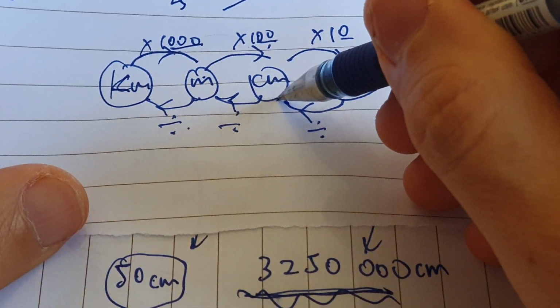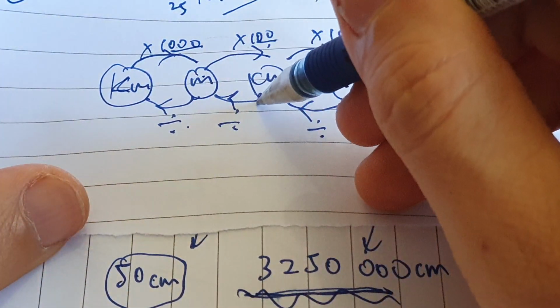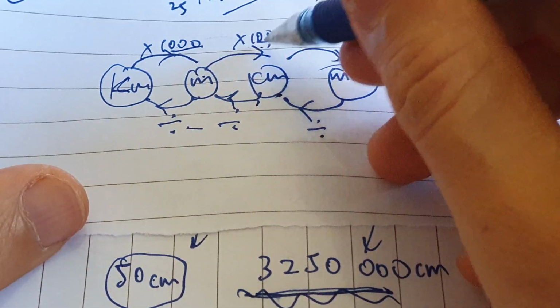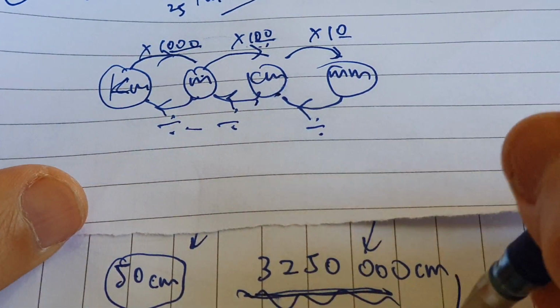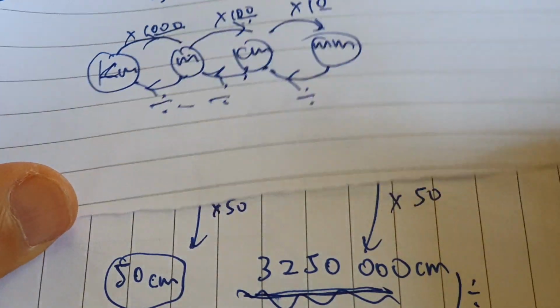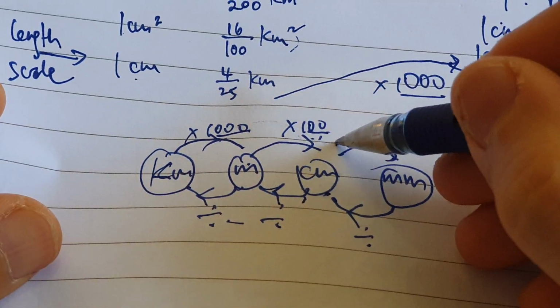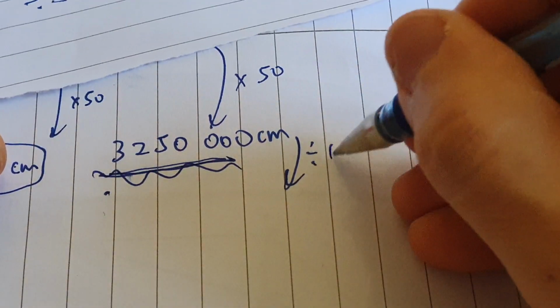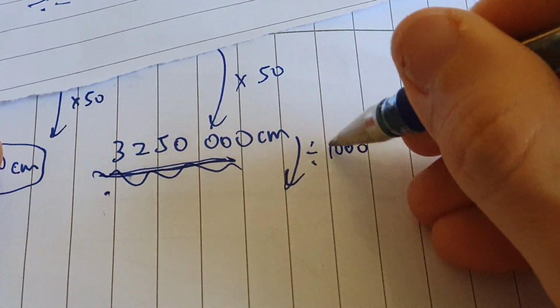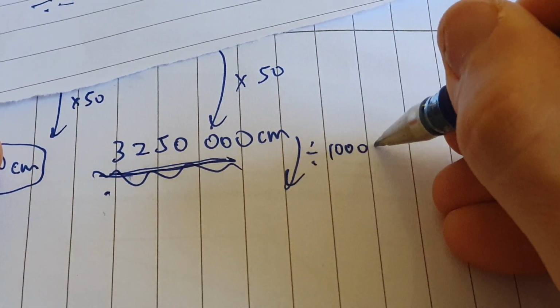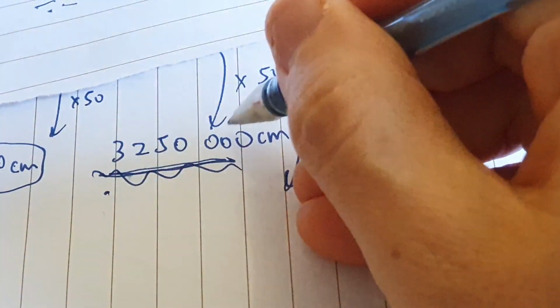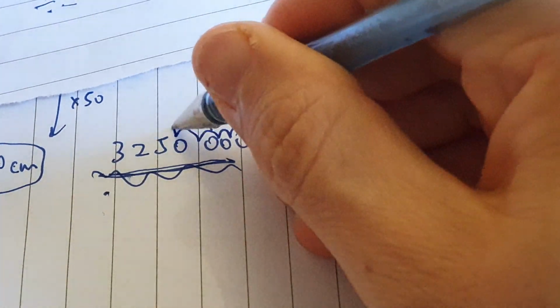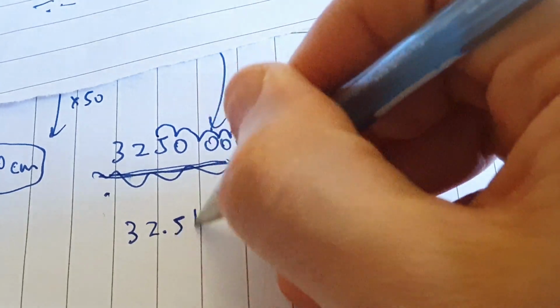From cm, you want kilometer, so you divide by 1 then 1, 2, 3, 4, 5 zeros. So it will be 32.5 kilometers.